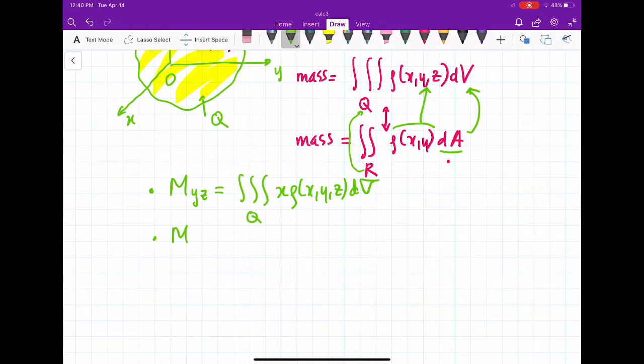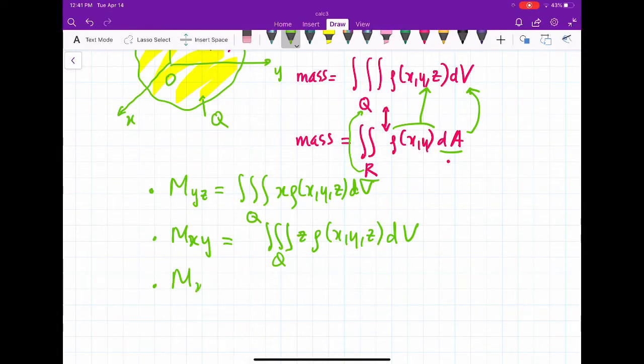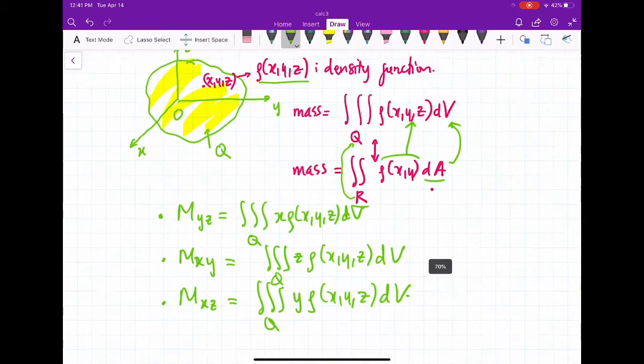The moment with respect to x and y, that is the triple integral over Q of z rho(x, y, z) dV. And the last moment is with respect to xz, that is the triple integral over Q of y rho(x, y, z) dV. So look at this.